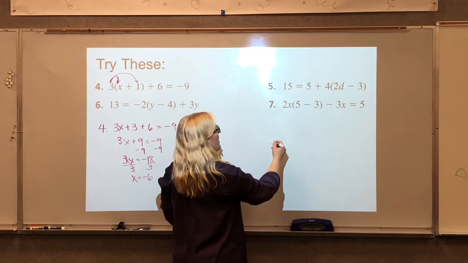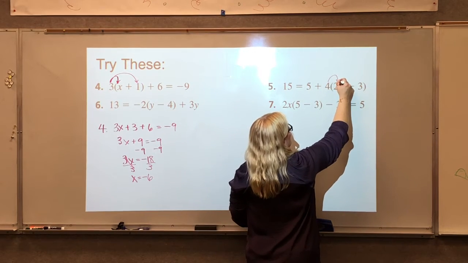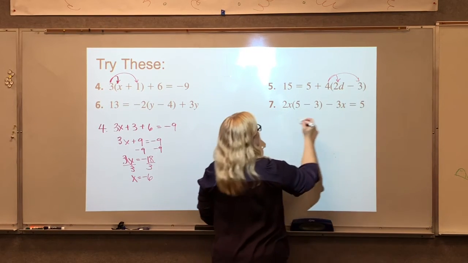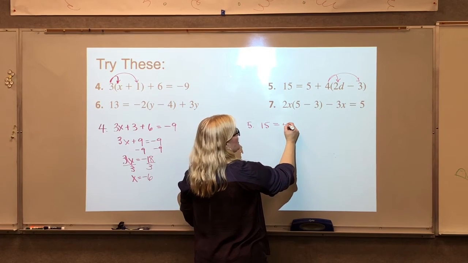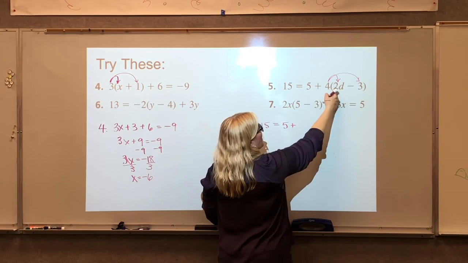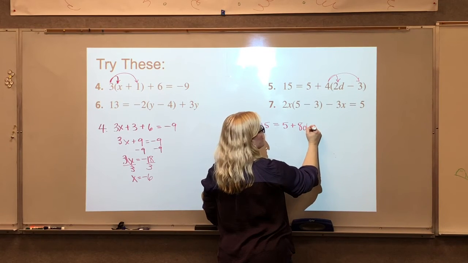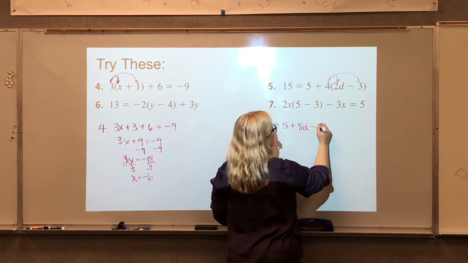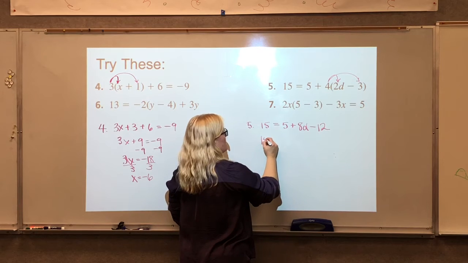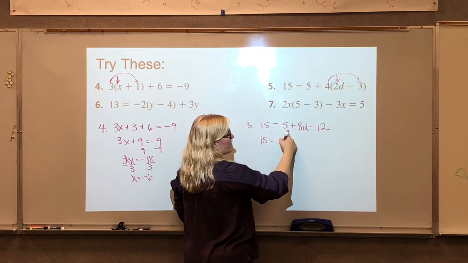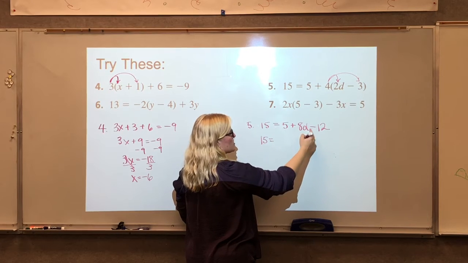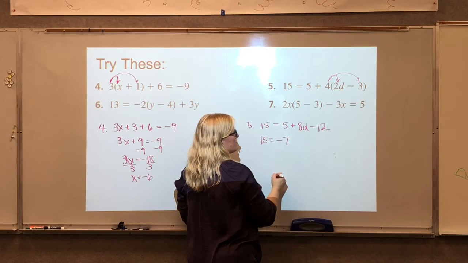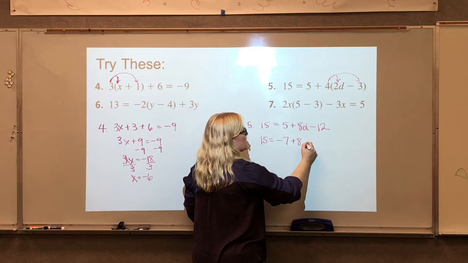Okay, number 5, we need to distribute here. So I have 15 equals 5 plus 8d minus 12. 5, okay, this is by itself because it has the d. 5 minus 12 is negative 7 plus 8d.